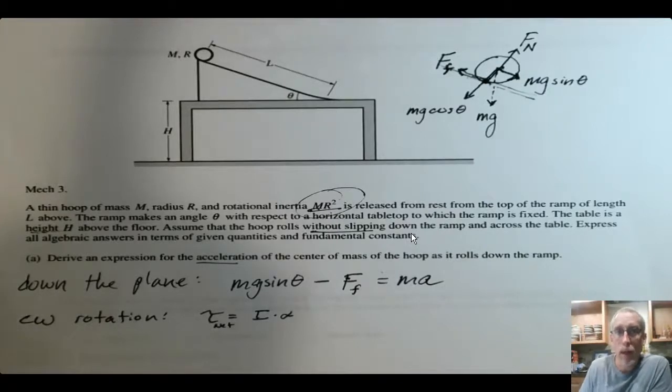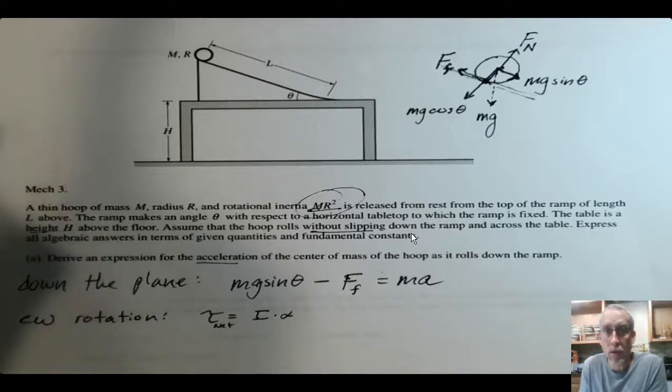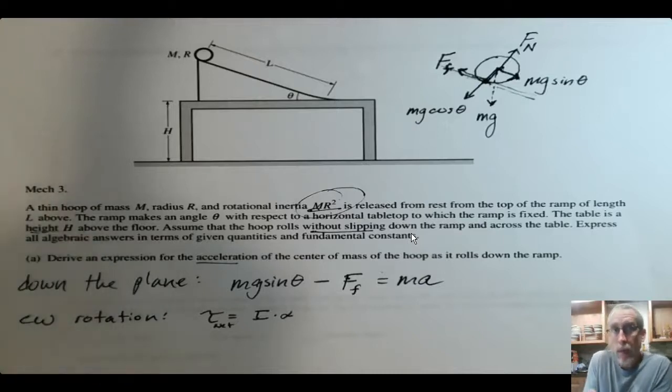Here's the other mistake people make. A torque is not just the force. It's the force multiplied by the distance that force is applied from the axis of rotation, and it's a cross product if needed. Now, if things are already 90 degrees, you don't need to worry about the fact that it's a cross product. So sometimes we say r F sine theta, but sine of 90 is just 1 anyway.